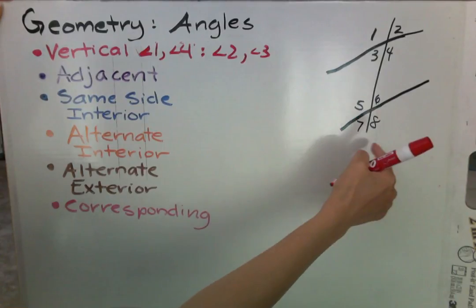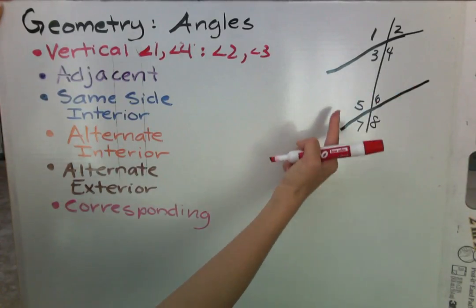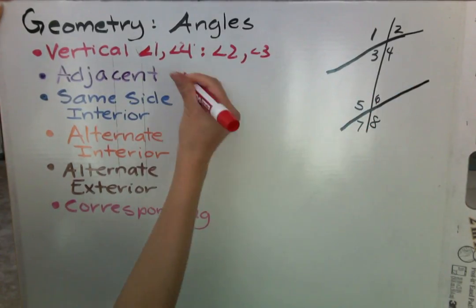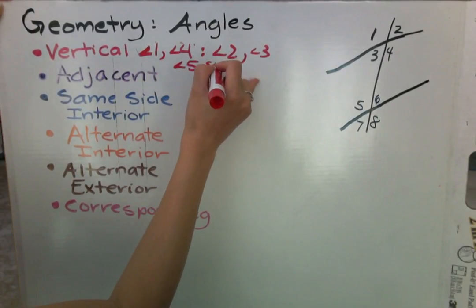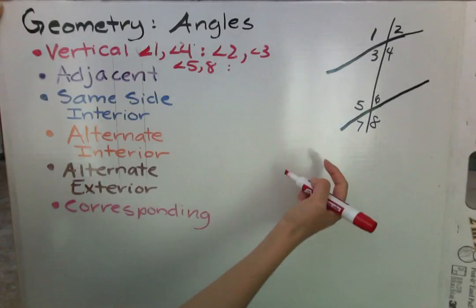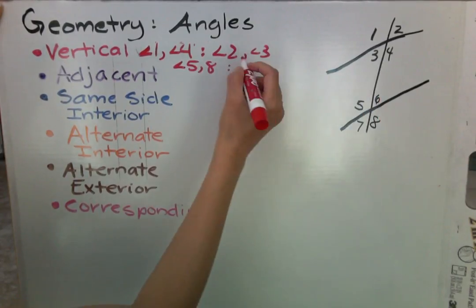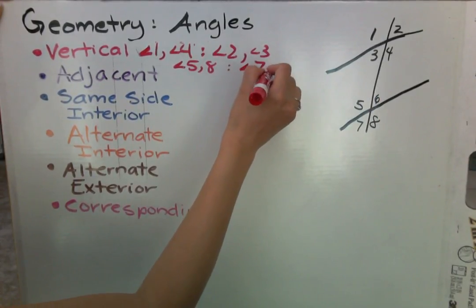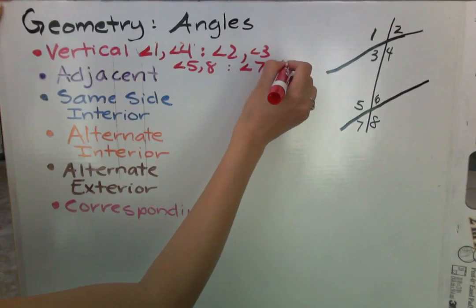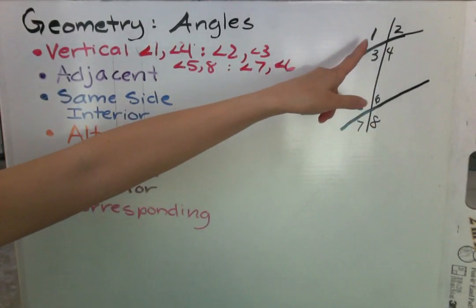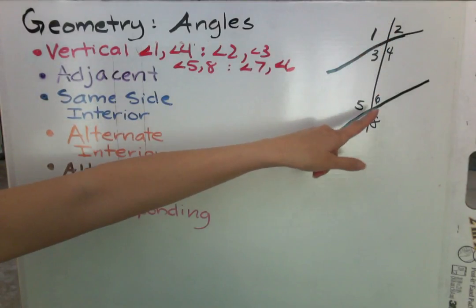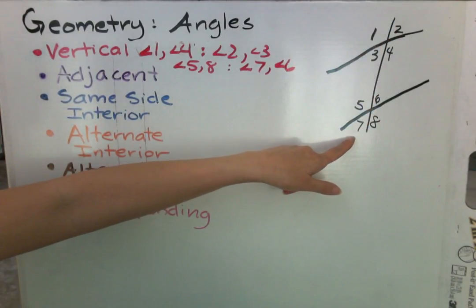If you look at these numbers, we notice that 5 and 8 are angles that are across from one another, and angle 7 and angle 6. So take a moment to look at that. The angles that are directly across from one another are vertical angles.